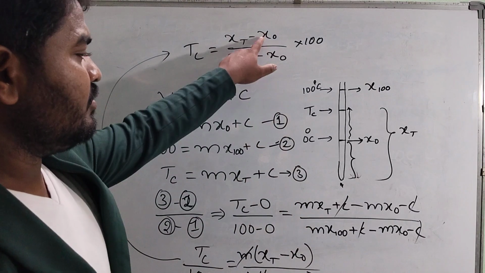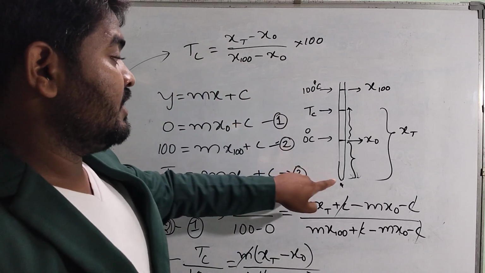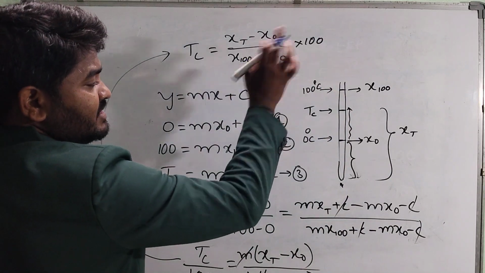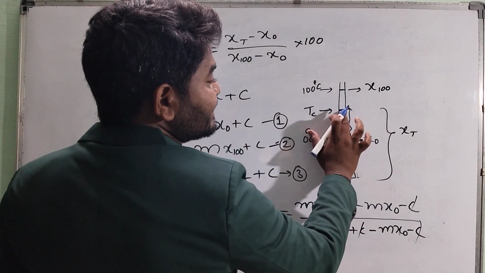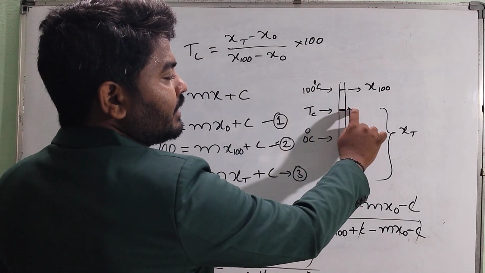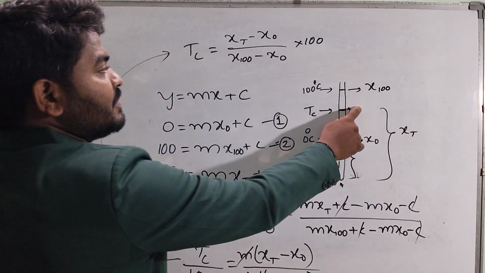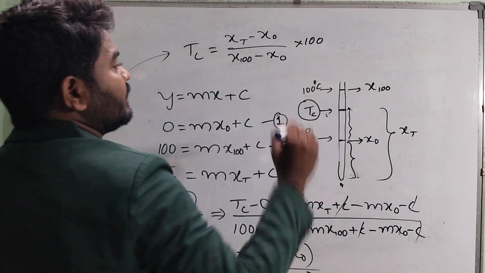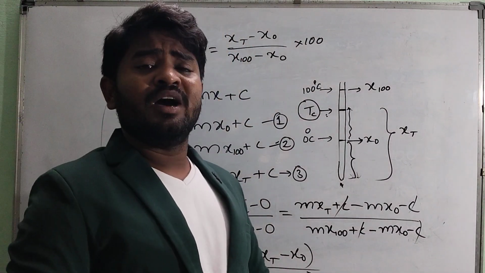Here we know x0, the initial length, and we know x100, the length of the mercury in the capillary tube at 100 degrees Celsius, and we measure the height xt. We have given the heat energy, the temperature rises up to here, and at this point we have to know the temperature. We can measure the length, so by using all this data, you can know the temperature. The formula is Tc equals (xt minus x0) by (x100 minus x0) into 100.